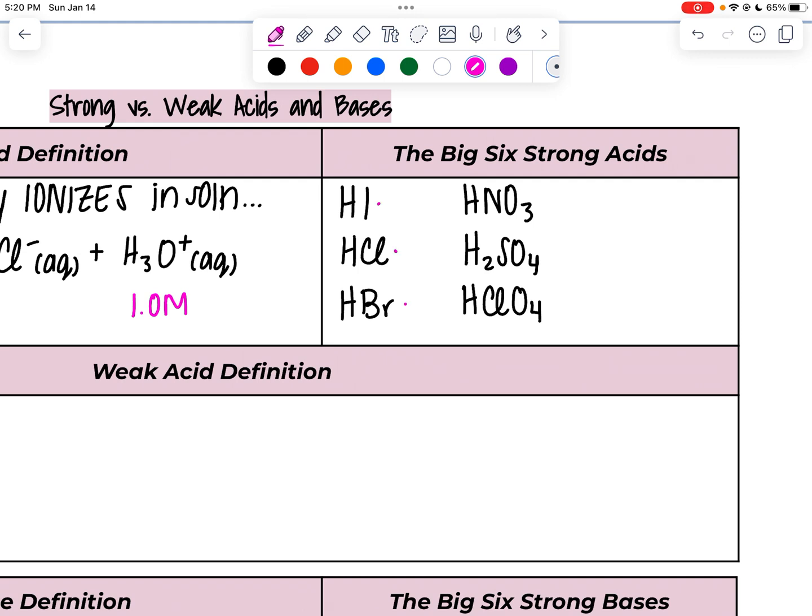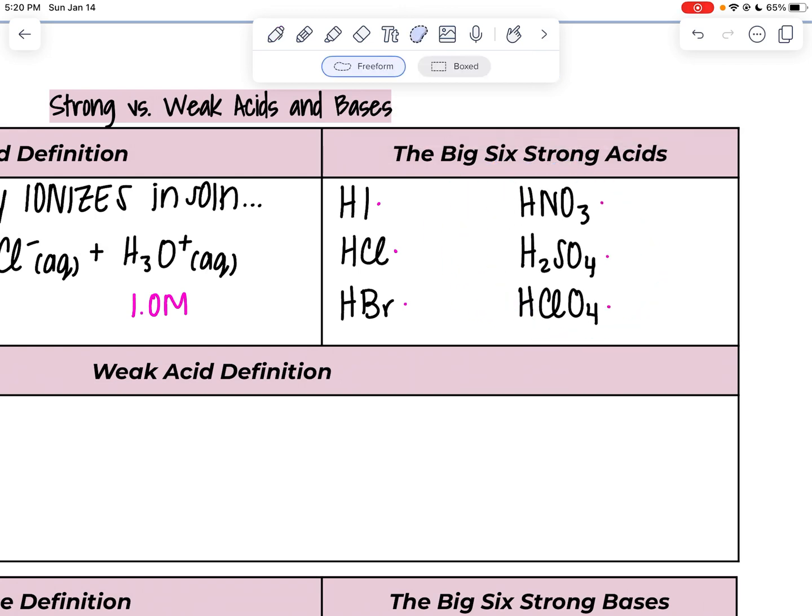So this is hydroiodic, hydrochloric, hydrobromic, nitric, sulfuric, and perchloric acid. I guess I should write those names out for you so you can recognize them. Let me do that real quick.